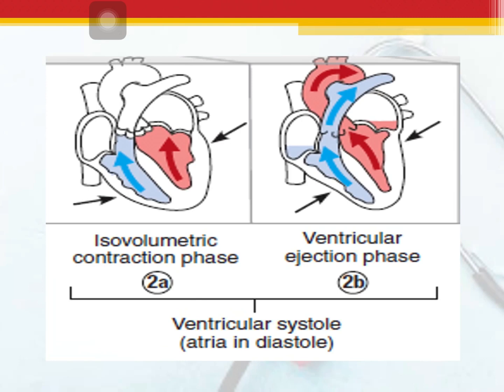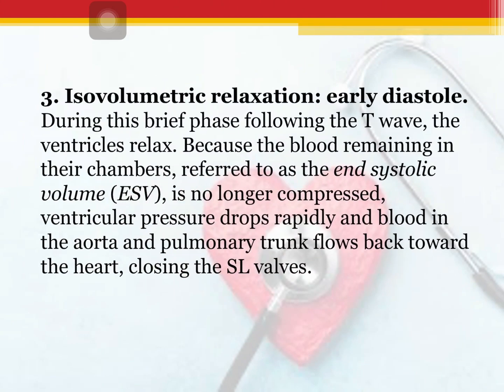As you can see here, it slowly increases the interventricular pressure, thus opening the semilunar valves. When the semilunar valves are open, there is the next phase, which is the ventricular ejection phase. So, when the SL valves are open, the blood can now rush into the pulmonary trunk and the aorta.